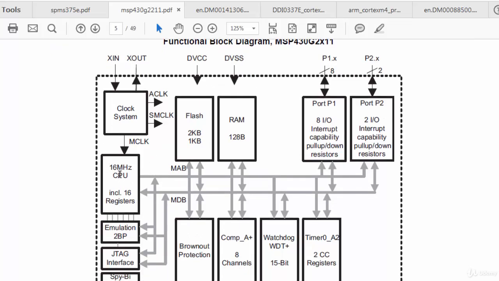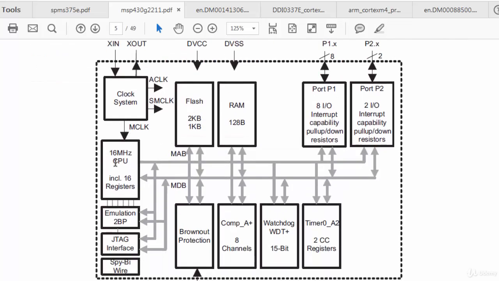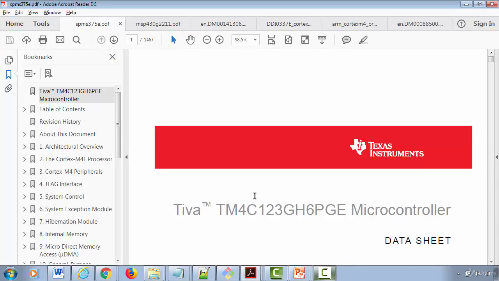This CPU is designed by Texas Instruments itself. So remember that some of the MSP microcontrollers are not based on CPUs designed by ARM. Texas Instruments also has microcontrollers which are based on ARM CPUs.